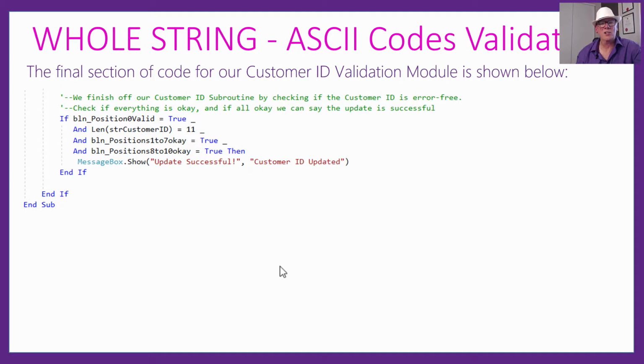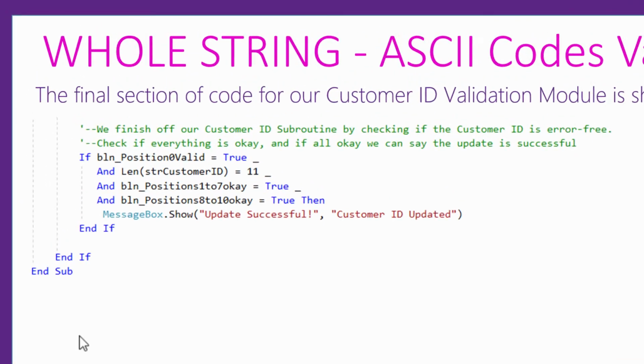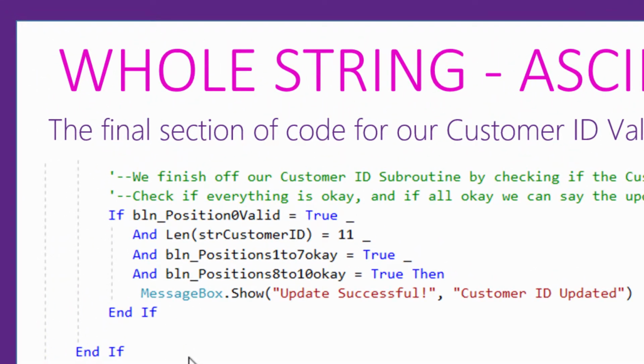All right, so the final section of code is just going to be at the bottom of our whole validation subroutine we've been adding to for our customer ID, checking out if it's all right.